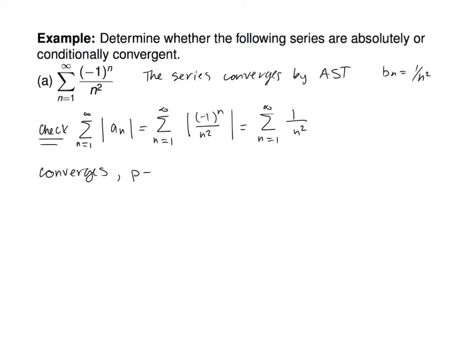It's a p series with p equal to 2. So the original series is what kind of convergence? Is it absolutely convergent or conditionally convergent? It's absolutely convergent.